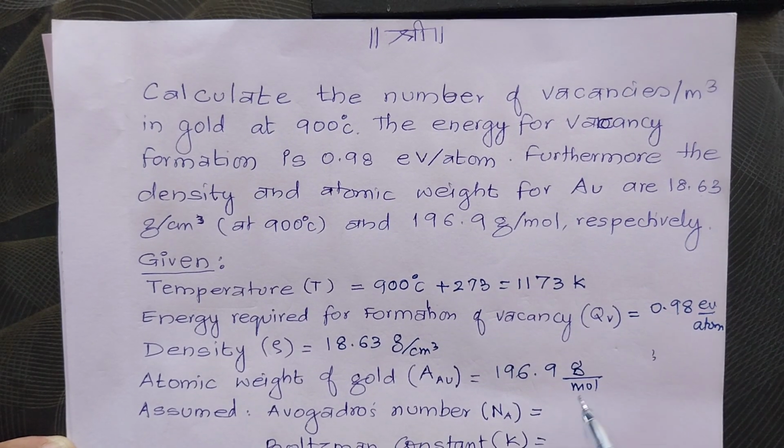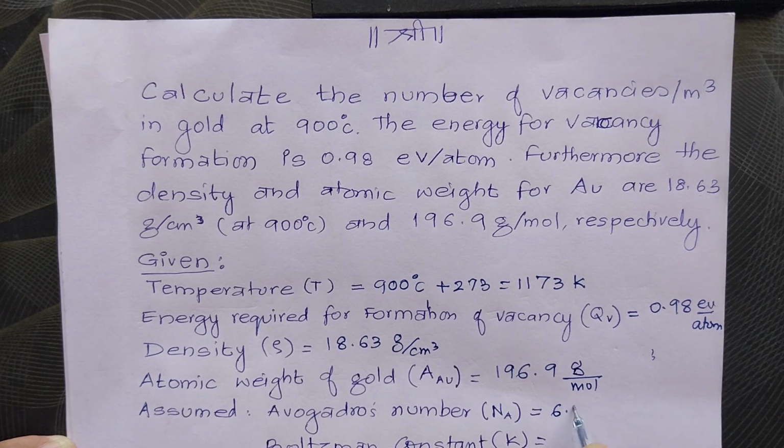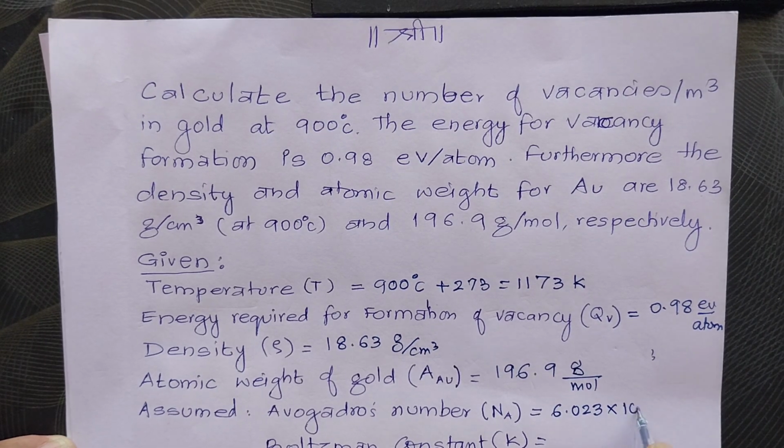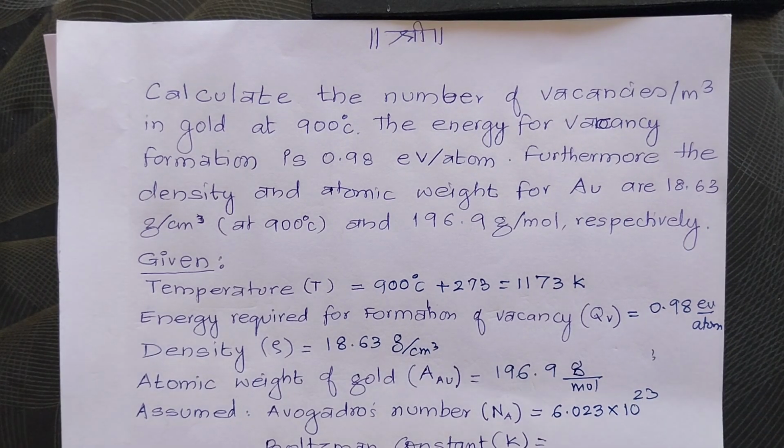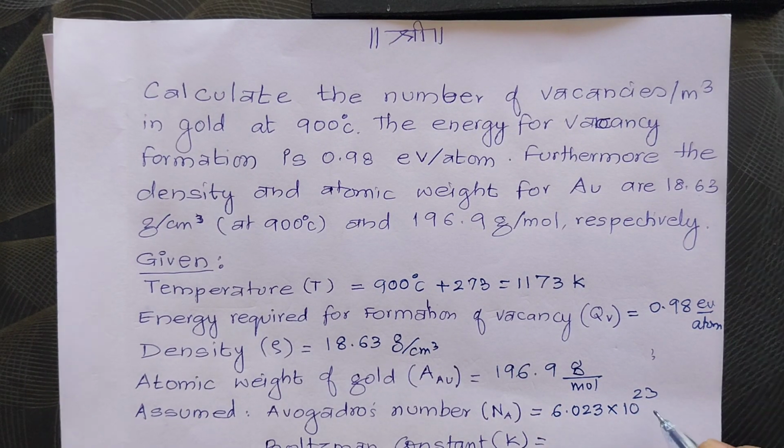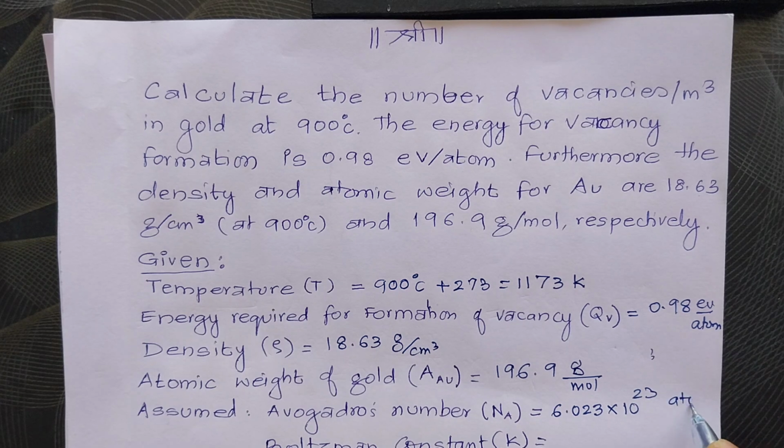Avogadro's number is a constant, 6.023 into 10 raised to 23, and its units are atoms per mole.